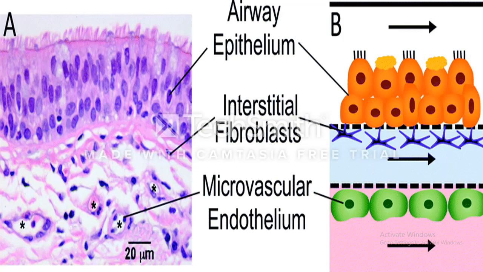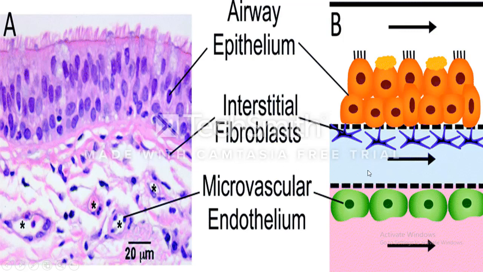This structure, plexus venule or swelling bodies, observed in structure of mucosa in respiratory zone and olfactory zone. This is a schematic of the respiratory epithelium. Okay, this is a schematic.